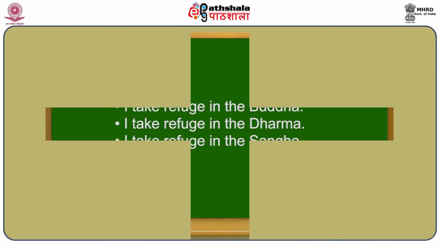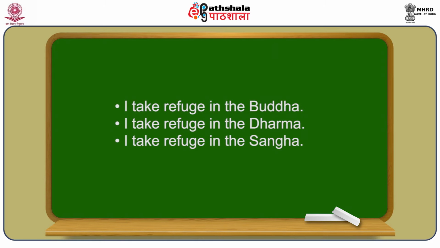They are: I take refuge in the Buddha, I take refuge in the Dharma, and I take refuge in the Sangha. So the 16 Bodhisattva precepts constitute the 10 grand precepts, 3 pure precepts and 3 refuges. Now these are the precepts.